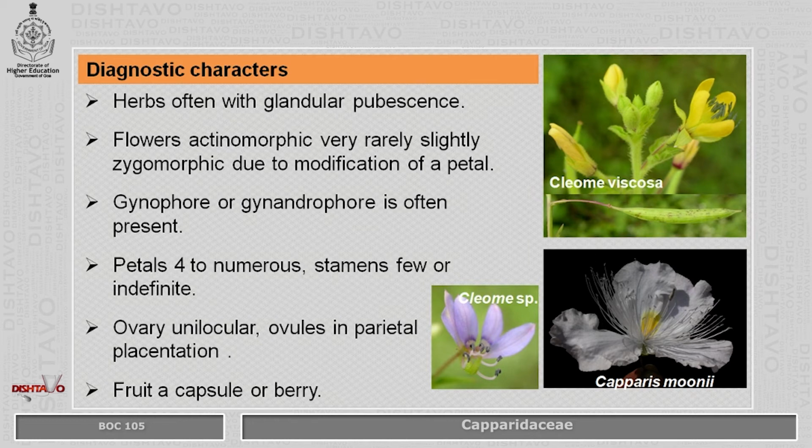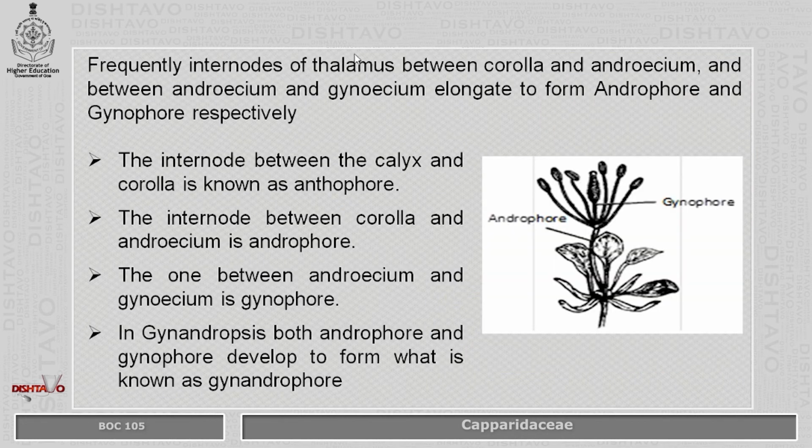So we have come across a term gynoandrophore. So we look at what is gynoandrophore. Frequently, internodes of the thalamus, where the floral whorls are attached, between corolla and the androecium and between the androecium and the gynoecium, get elongated.